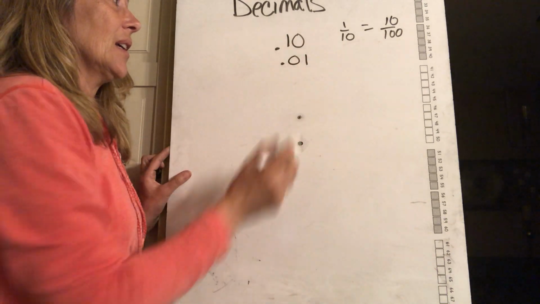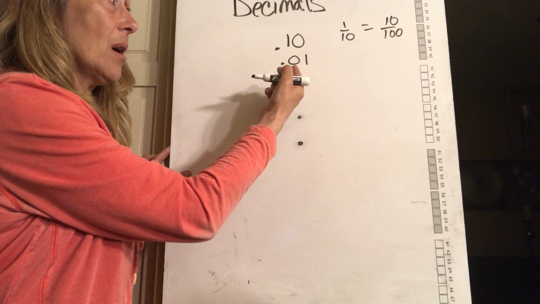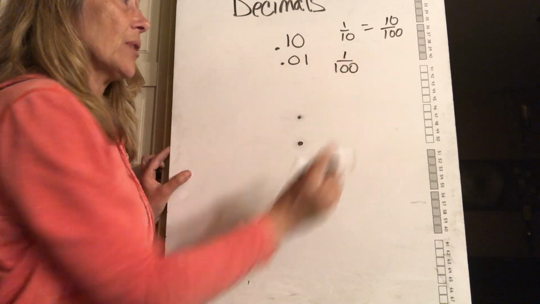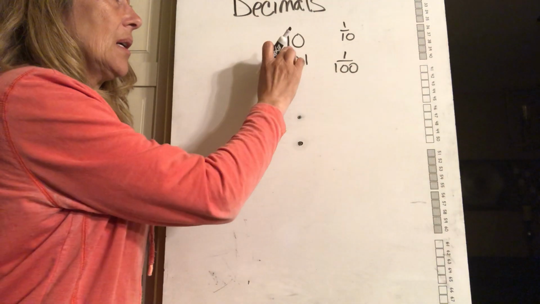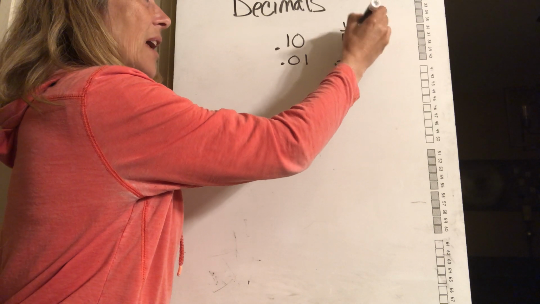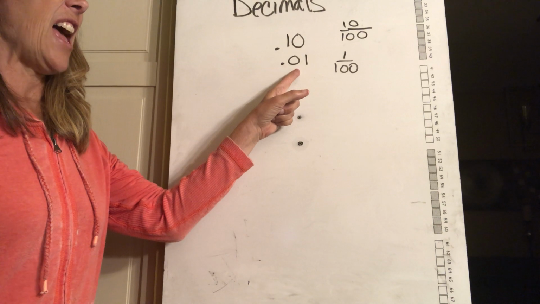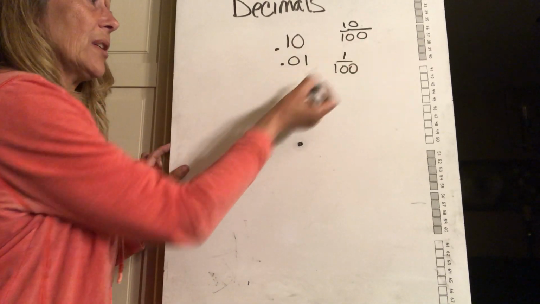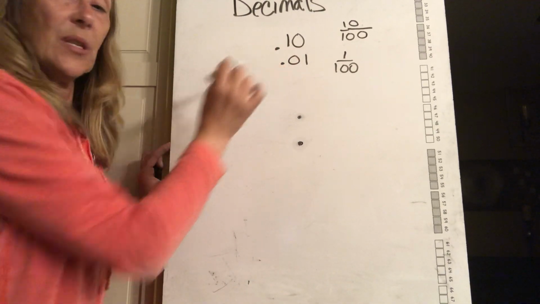But if I put the 0 before, now this number here is 1 100th. And this one up here is either 1/10 or 10 100ths. So this one is 10 times bigger than the bottom. This is 10 100ths. This is 1 100th. So it matters where the 0 goes.